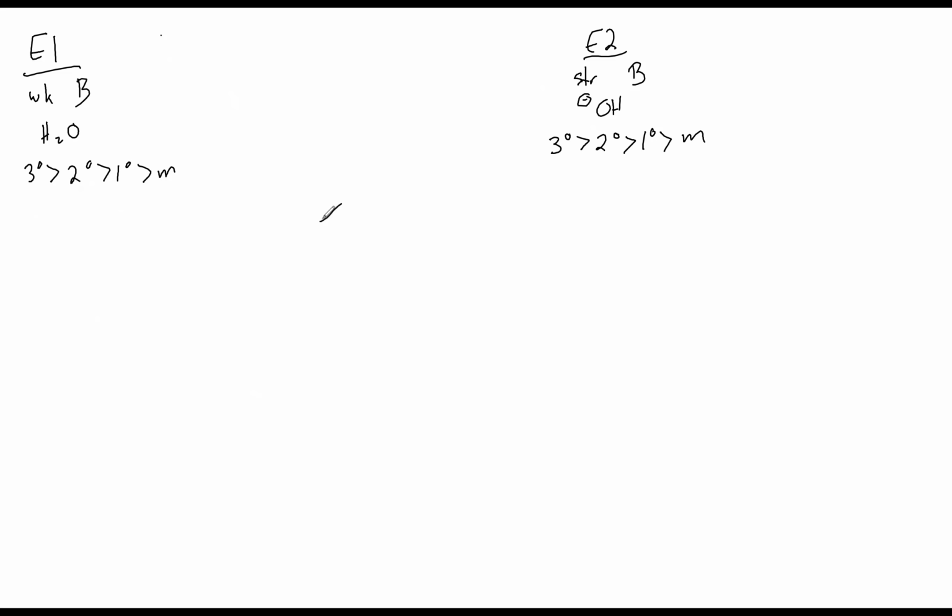So let's say that I had this guy here and this guy here. Both of these will undergo elimination reactions. The transition state, however, will be slightly different. So this one will have a transition state here, partial positive on the carbon, partial negative on this carbon, and then a partial double bond.